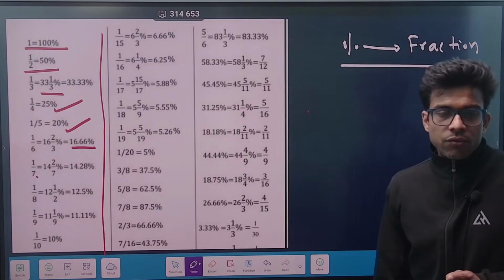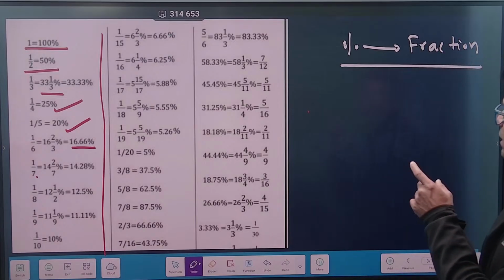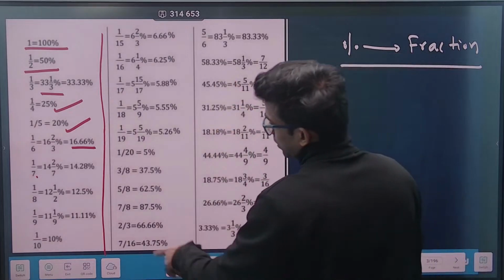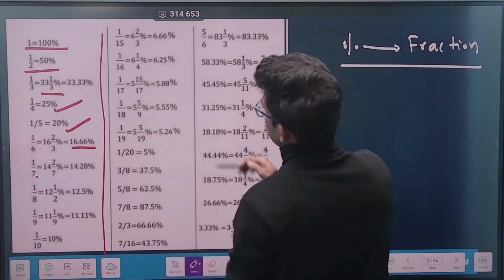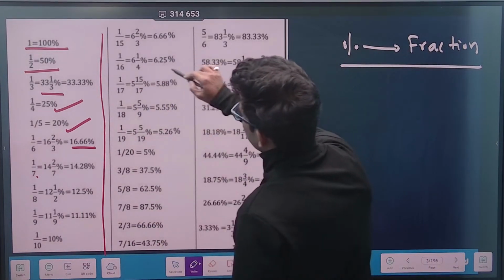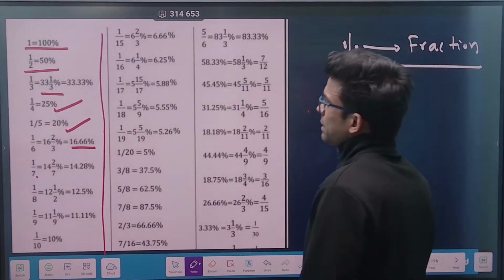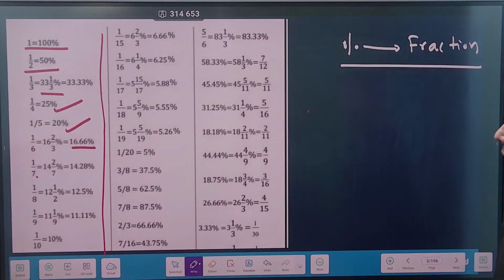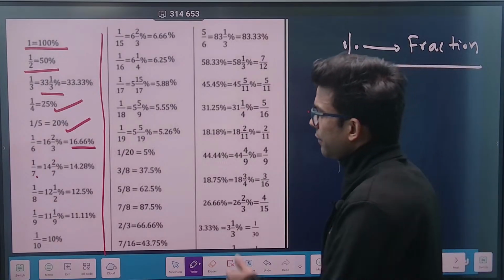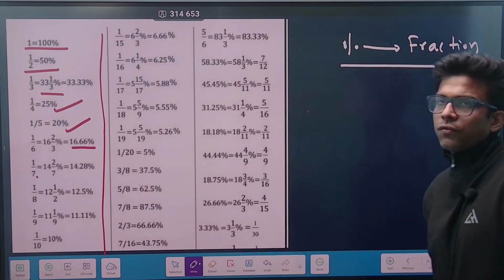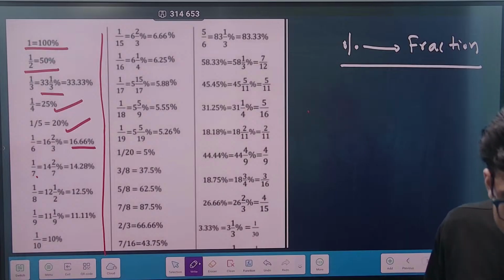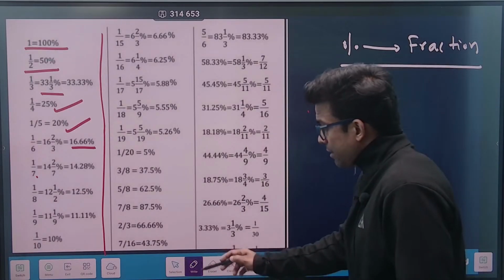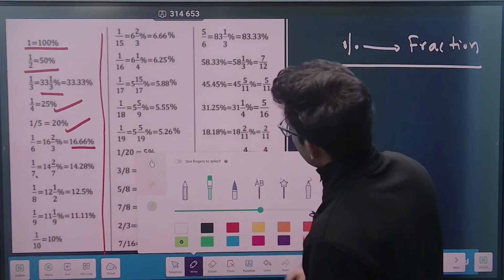Then you will come to 1 by 15, 6.66%, 1 by 16, 6.25%, 1 by 17, 5.88%, 1 by 18, 5.55%, 1 by 19, 5.26%, 1 by 20, 5%, and so on. Correct? I hope this makes sense to everyone. These are very important, percentage to fraction form, or fraction to percentage form.